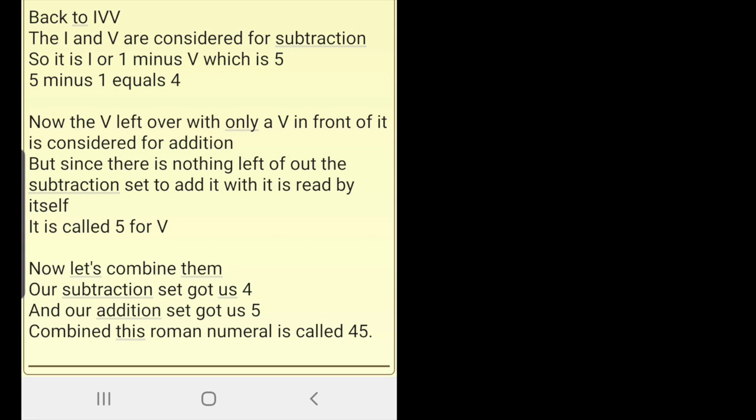So IV, that subtraction set, is essentially 4. And then we have an additional V, and that V means 5. So we are just going to bring that down, and when we combine those two, we get 45. And that is how we read our Roman numerals.